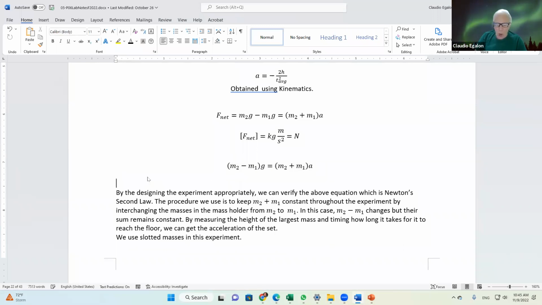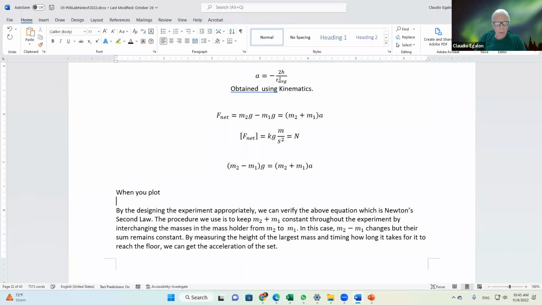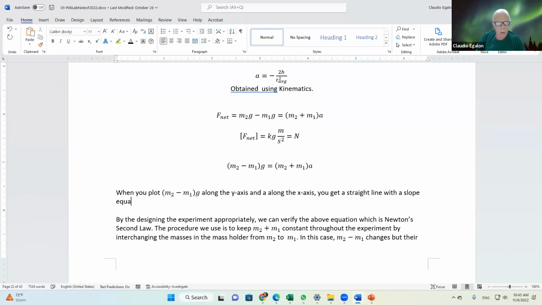So when you plot M2 minus M1 G along the y-axis and A along the x-axis, you get a straight line with a slope equal to M2 plus M1.